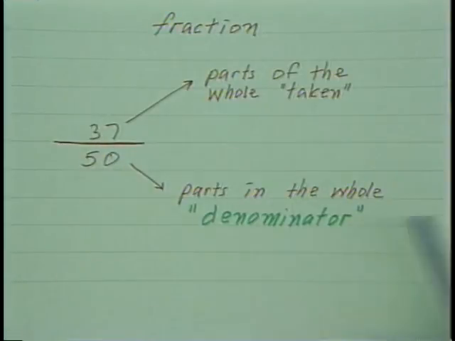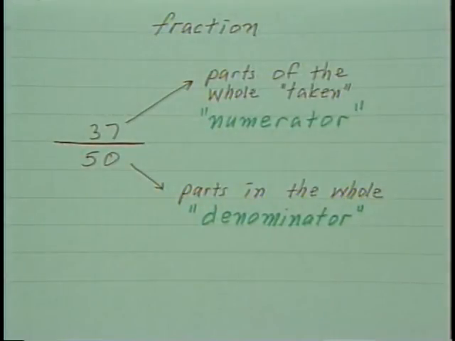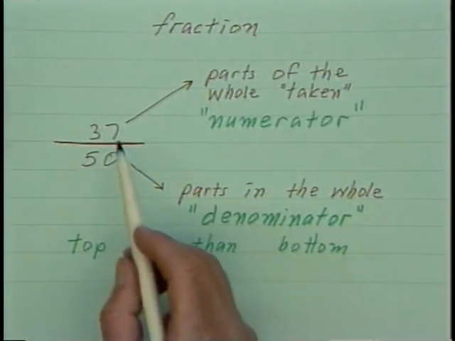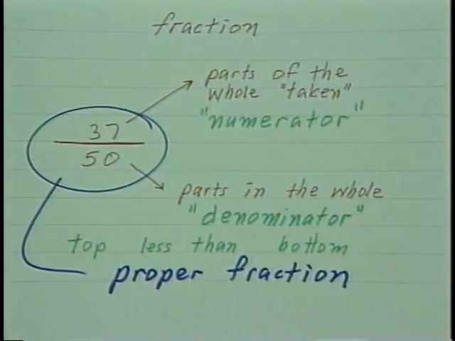And the number that we write on the top we call the numerator. And if the top number is less than the bottom number, as it is here, we call the whole fraction a proper fraction.